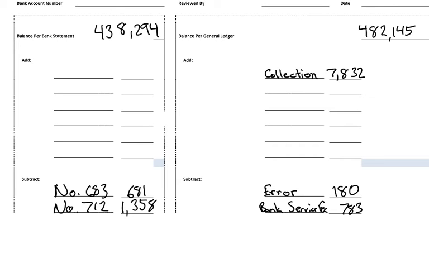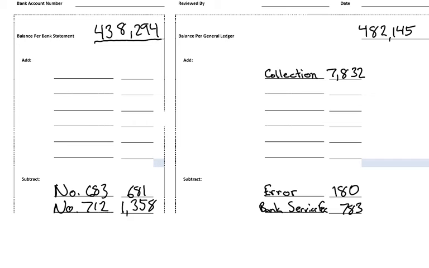Now, next, the bank charged bank services of 1% of the closing bank balance. The closing bank balance was $438,294. So therefore, that bank service fee will be $4,382 or $83.